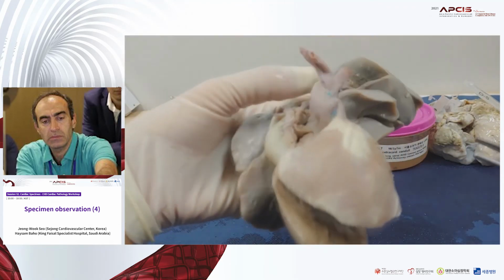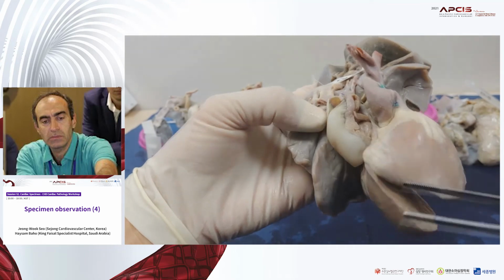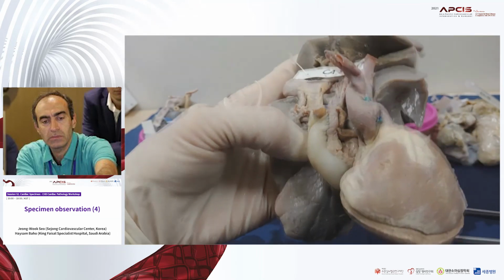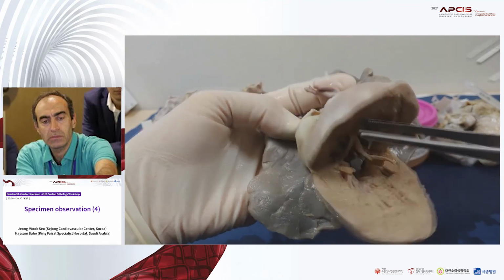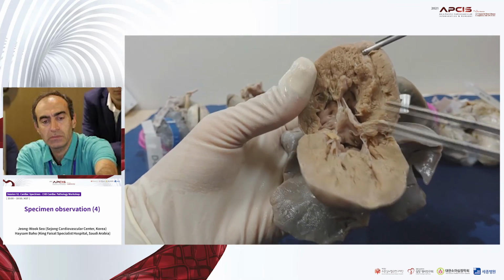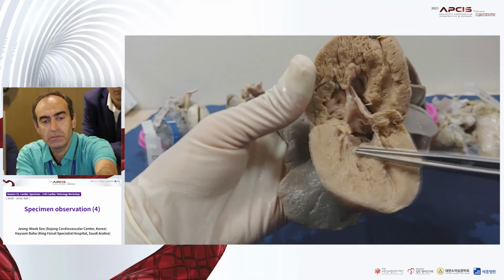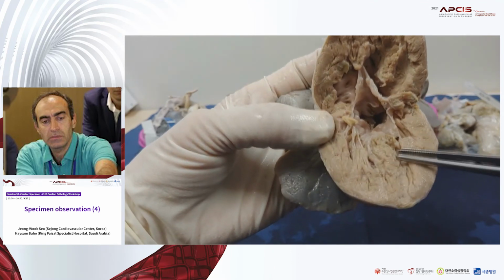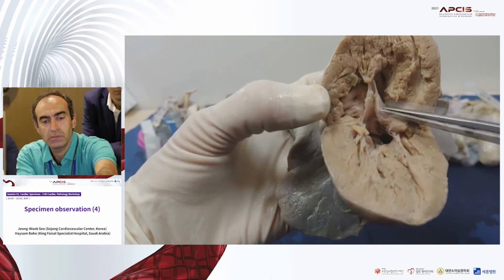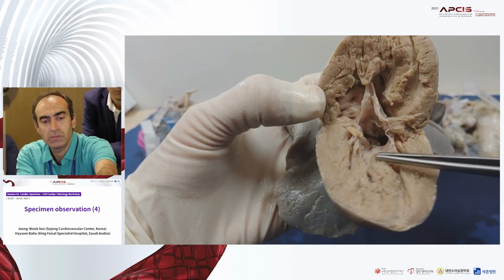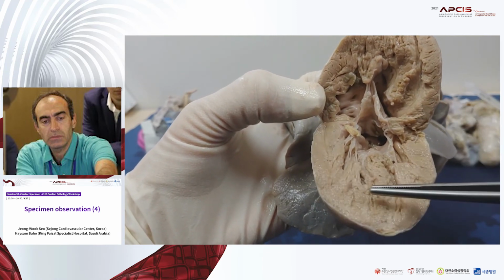Let's take a look at this next specimen, where we will see another variation of the Fontan operation, which is the external tunnel. In this specimen, if we open the heart, we see that we have a large ventricular septal defect, and here's the ventricular septum right there on this side, and here's the ventricular septum on this side.